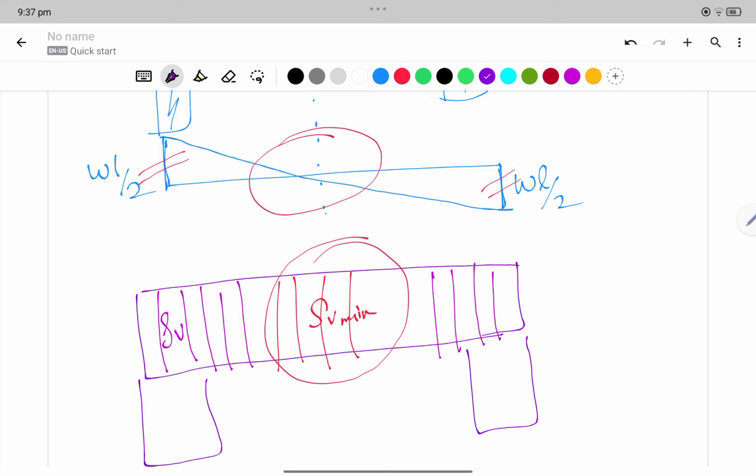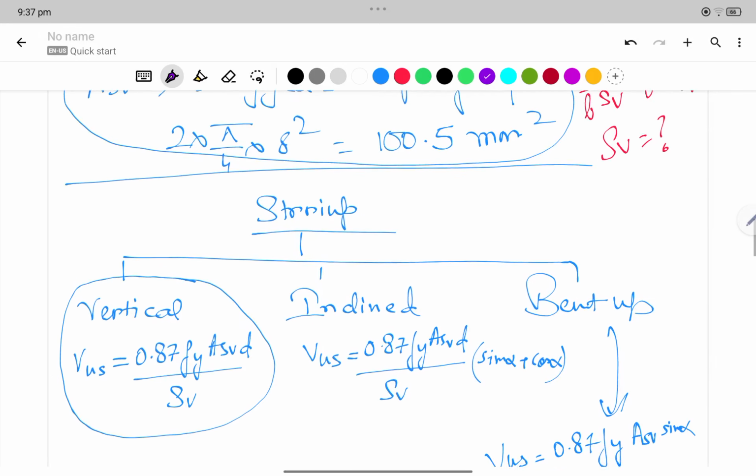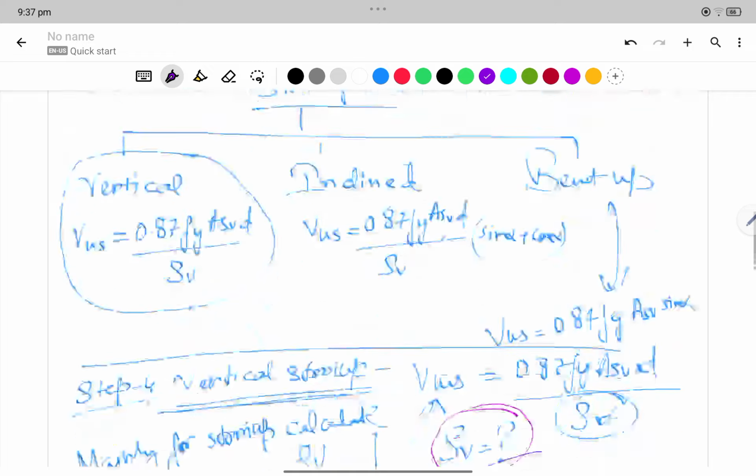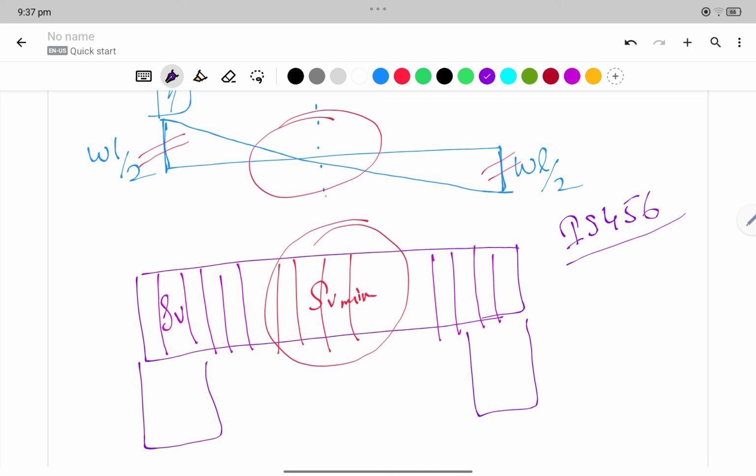In the codal provision in IS 456, there are two other clauses to be followed. SV max will be 0.75 D or 300 mm, whichever is minimum.